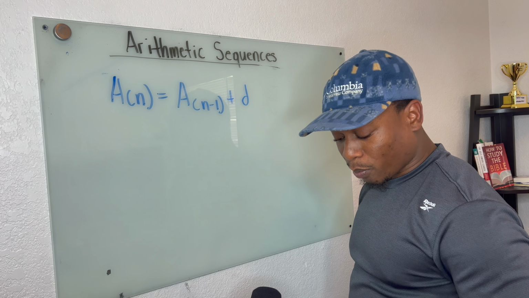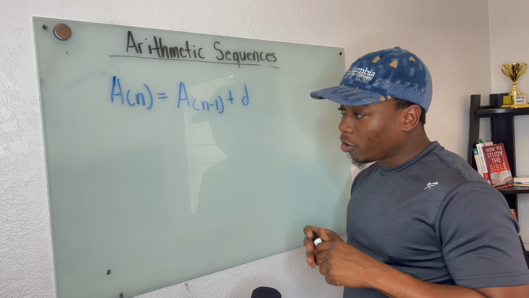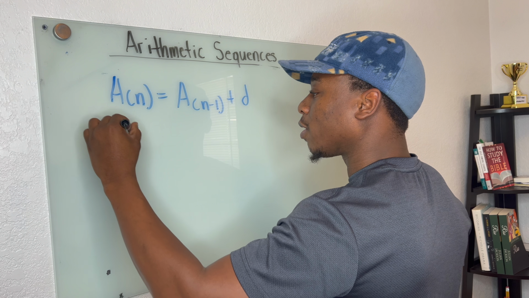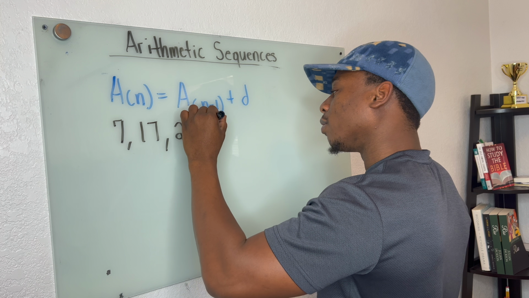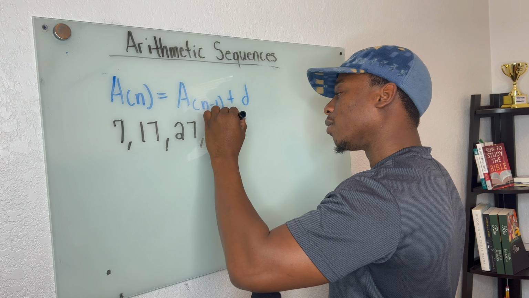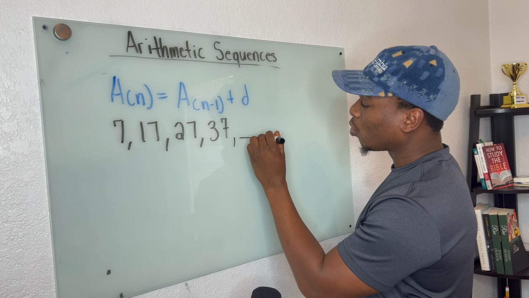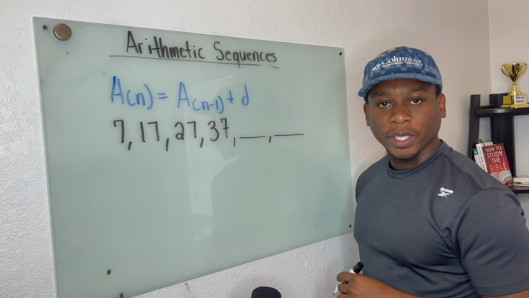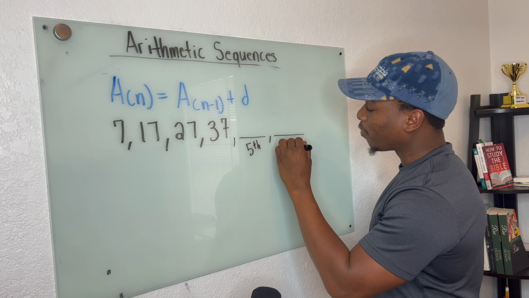Now in our second problem, this is the list of numbers they give us: 7, 17, 27, and 37. And now they want us to figure out the fifth term. So we know that's this term here, and then we have the sixth term after.